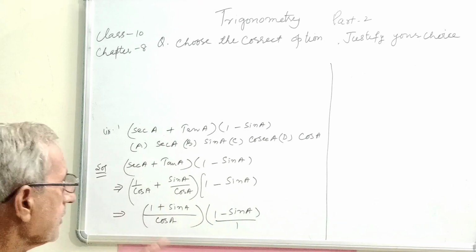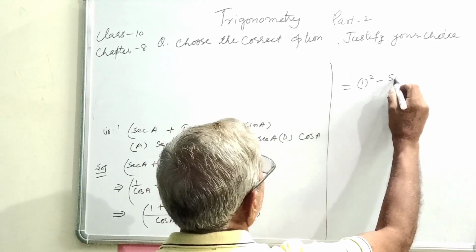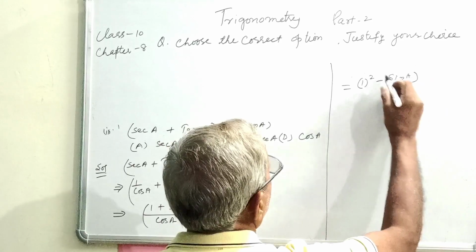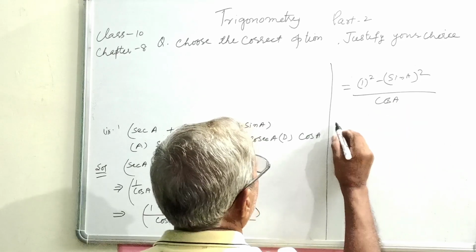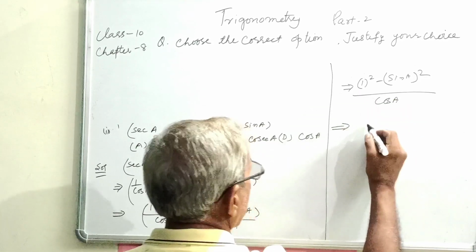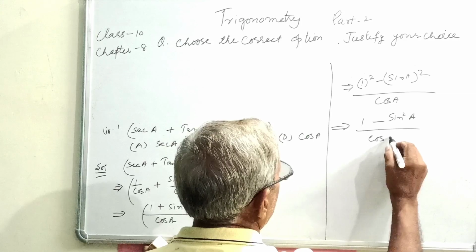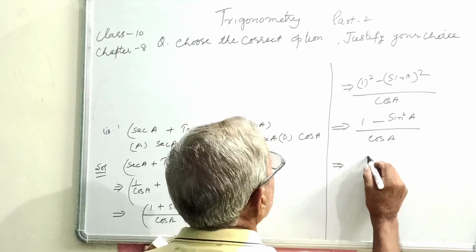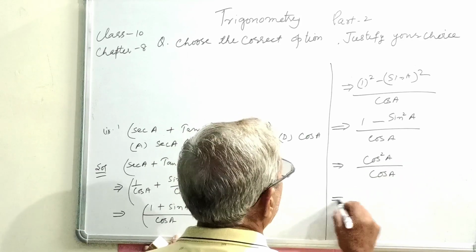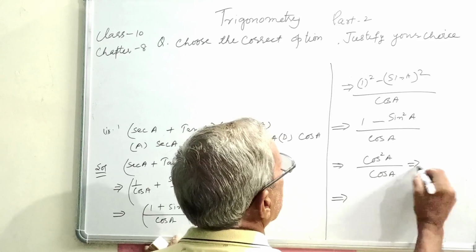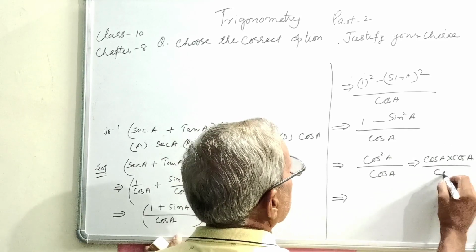So, same formula, A plus B into A minus B, that will be square of 1 minus square of sin A upon cos A. So 1 minus sin square A upon cos A, that will be cos square A divided by cos A.